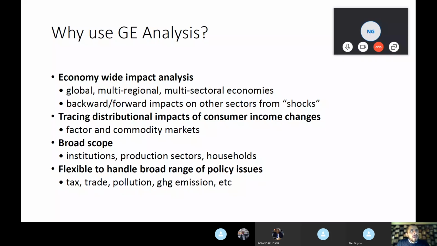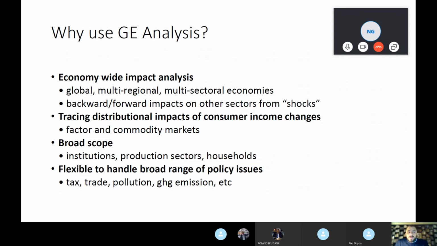And we can have single country models, meaning that they are models that focus on just one country and examine what happens between different sectors or different agents. And hence, we can also examine the effect of any kind of shock and take into consideration backward and forward effects from one sector to the other.